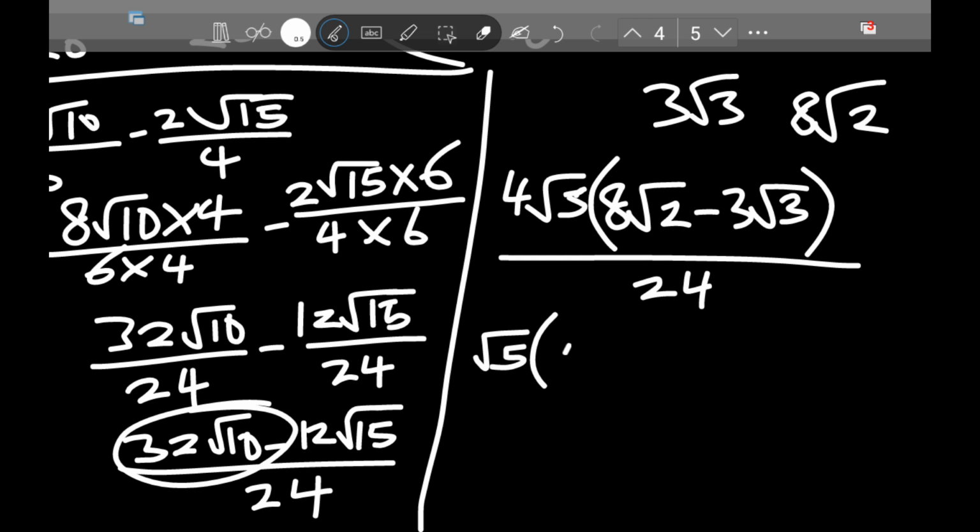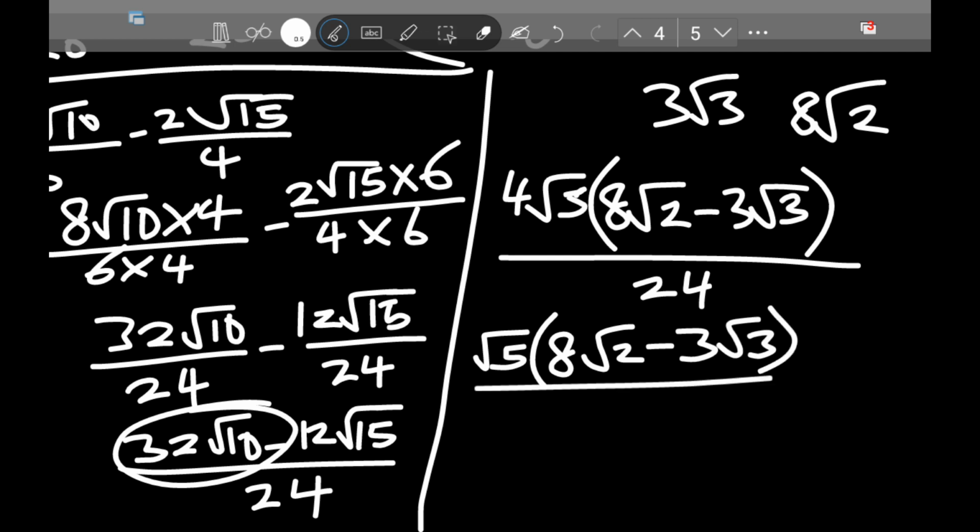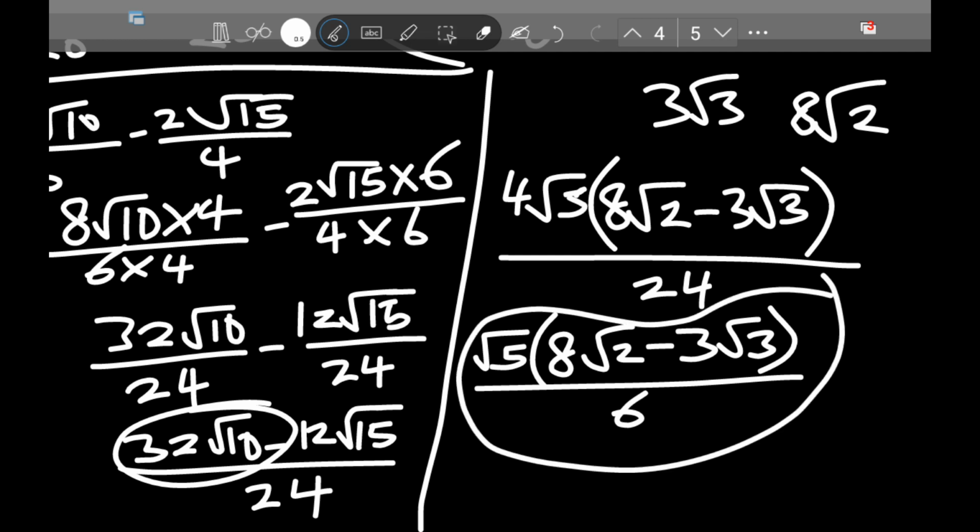Now keep in mind that we haven't divided this 24. And how many 4s are in 24? 6. So put your 6 here. So this is the final answer.